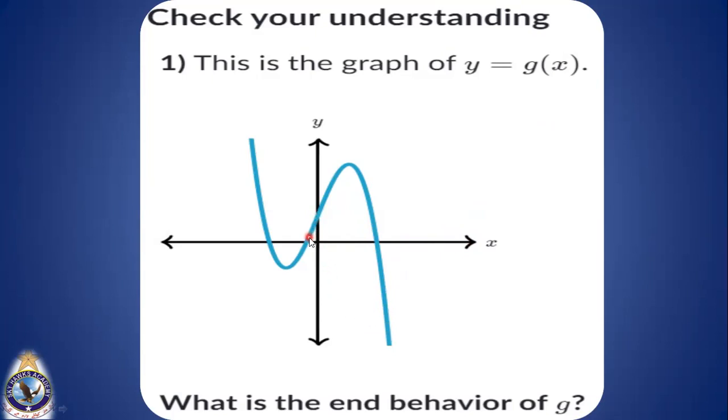And if you look at this one, at these two points it's crossing the x-axis. When you are putting negative values for x, it's coming down, and then at some instant it is moving up. As you are increasing the negative values, moving to the left, it will go up and up. So for negative infinity, g(x) approaches positive infinity.